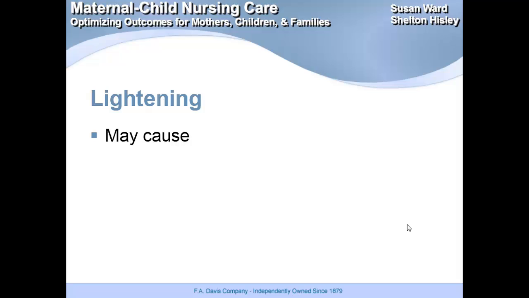It causes some leg cramps. It can cause increased pelvic pressure, increased urinary pressure, and urinary frequency, because remember that baby's sitting further down in the pelvic inlet and putting pressure on the bladder. Mom might have some increased vaginal secretions and some venous stasis.